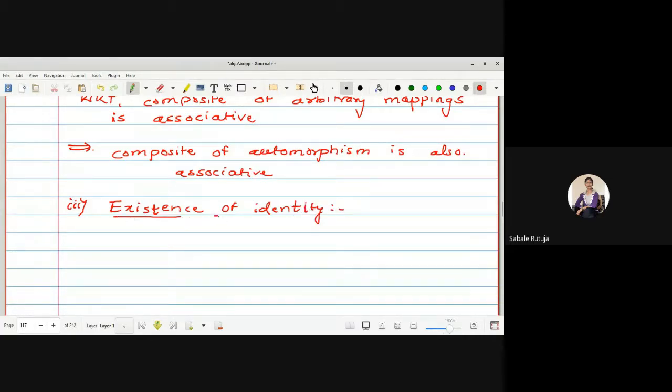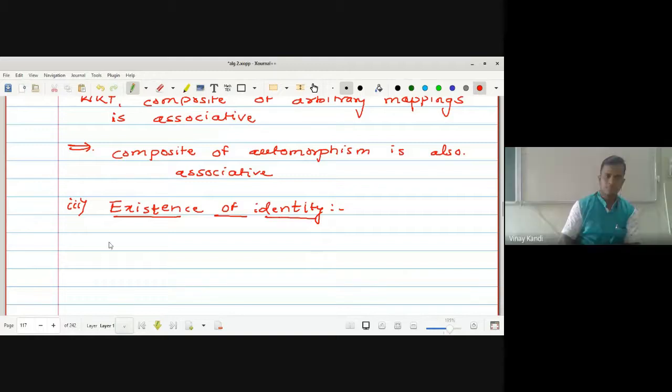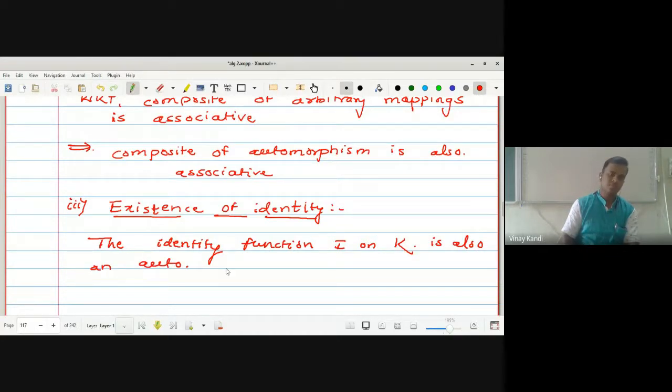The identity function I on capital K is also an automorphism of K. Then we know that the identity mapping is also one-one and onto.